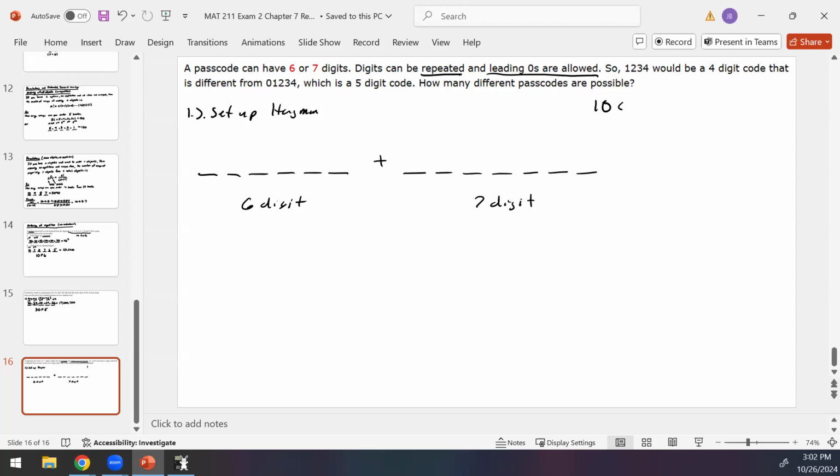There are 10 digits, 0 through 9. That's just something that you have to remember. And so for the 6-digit, I have 10, 10, 10, 10, 10, 10. If it wasn't repeated, then I would have to go 10, 9, 8, 7, 6, and then 10, 10, 10, 10, 10, 10.